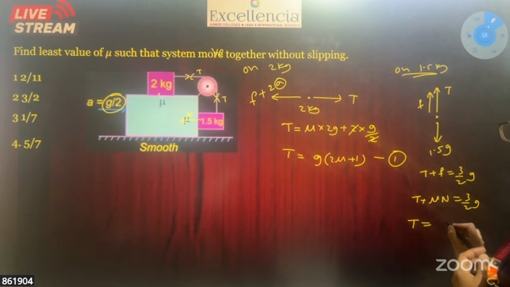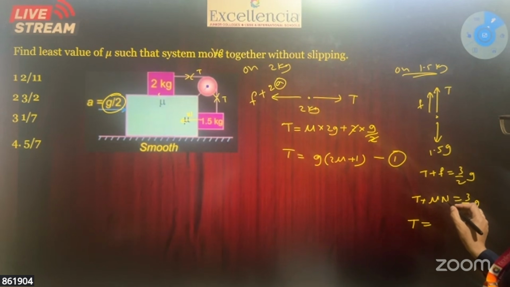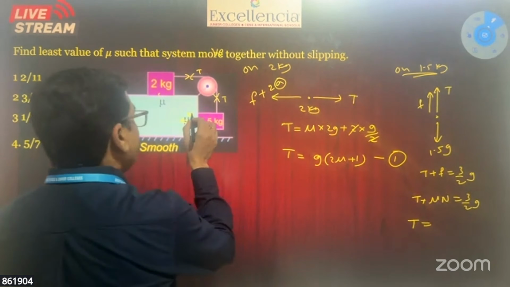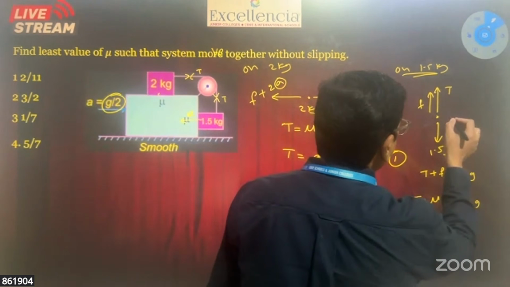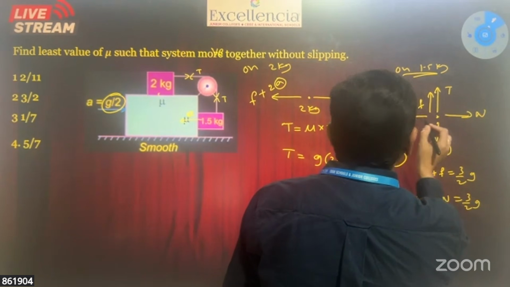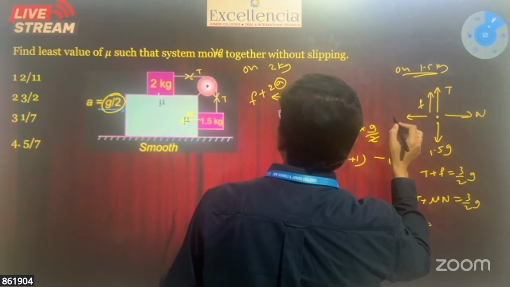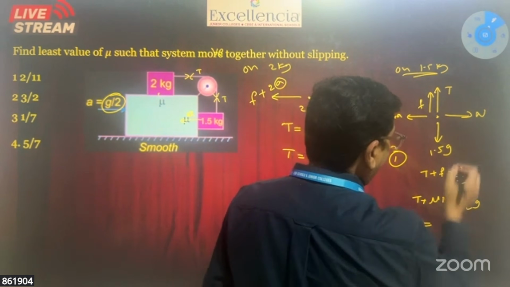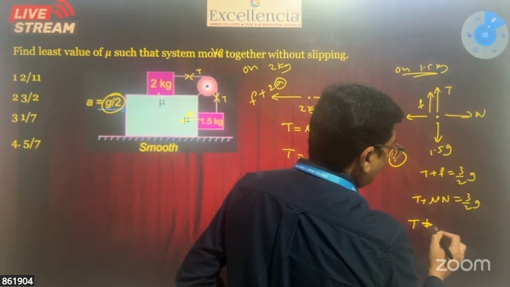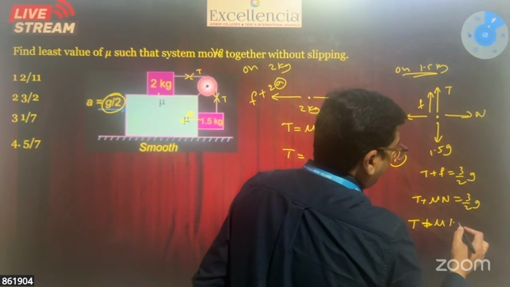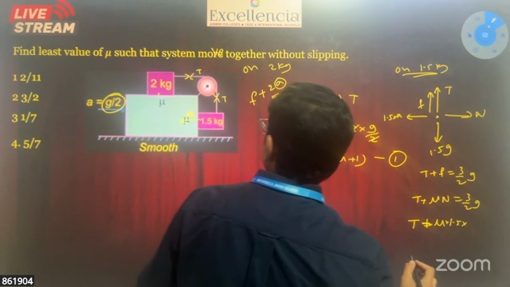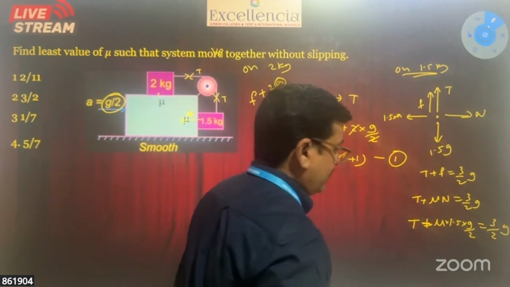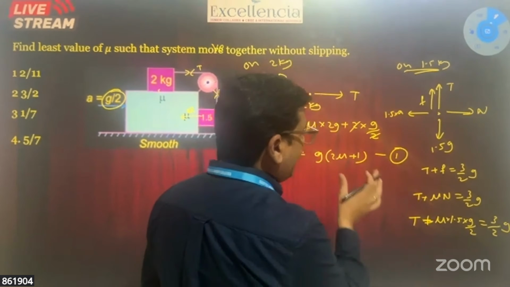Therefore, T in this case must equal, where the normal reaction is, in this case we are considering, the force which acts normal in this direction. I can take the normal as counterbalanced by the pseudo force, which is 1.5 into A, where A is g by 2, so it equals 3 by 2. So I'm equating equation number 1 and 2.